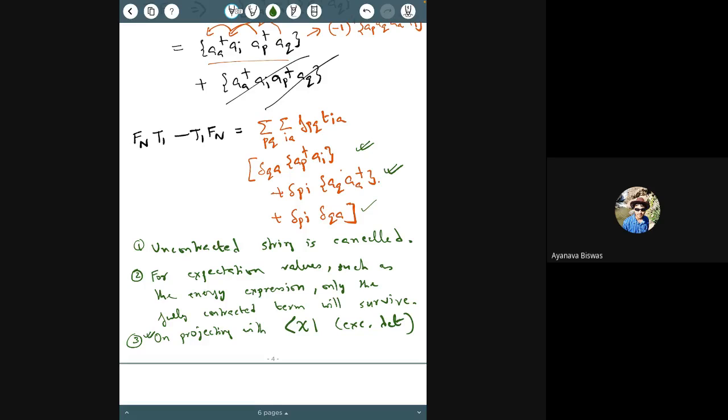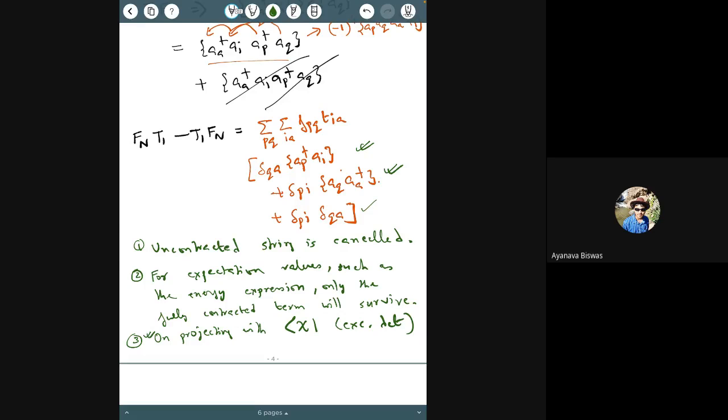Say you have a singly excited determinant which is projected on this commutator. Then you can write it as the action of a de-excitation operator on this bra, and this de-excitation operator is also a normal ordered operator.